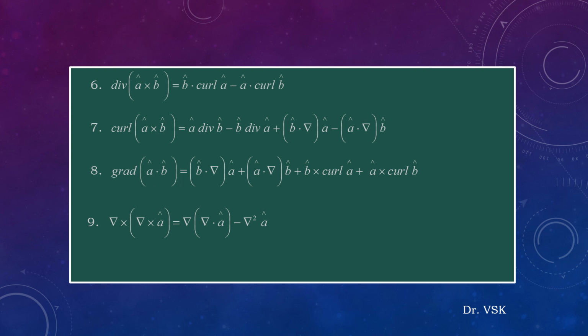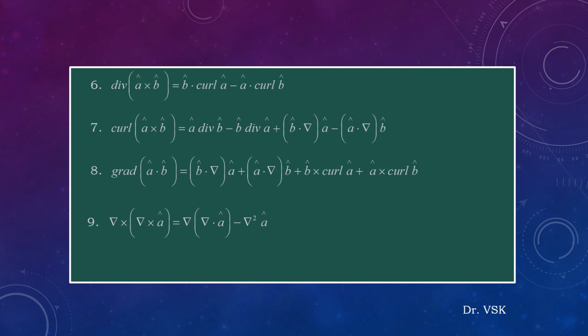So gradient of A cap dot B cap is the LHS of this eighth identity. Gradient of a scalar field produces a vector field. So the LHS is a vector field.